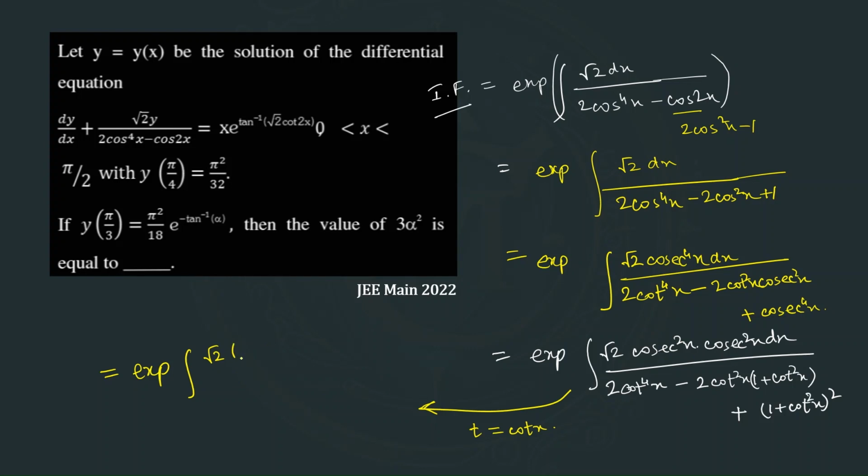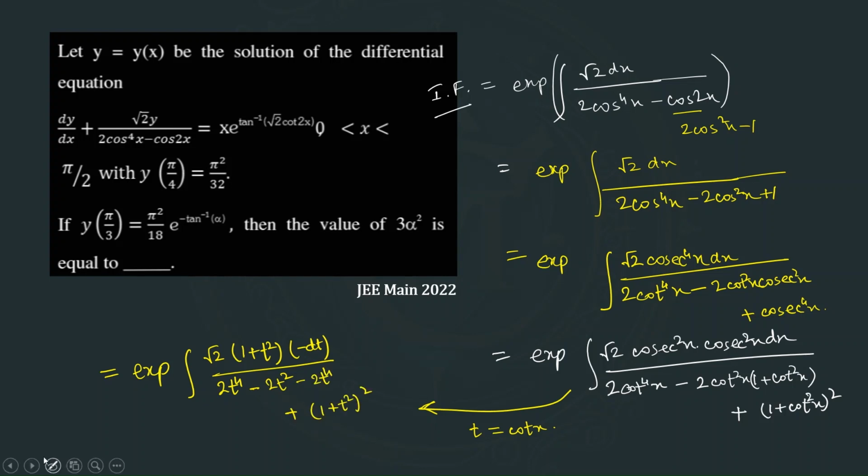So cosec square is 1 plus cot square, so 1 plus t square, and then minus dt divided by, this will be 2t to the power 4 minus, this will be 2t square, and then this will be 1 plus t square, so 2t square minus 2t to the power 4 plus 1 plus t square whole square.